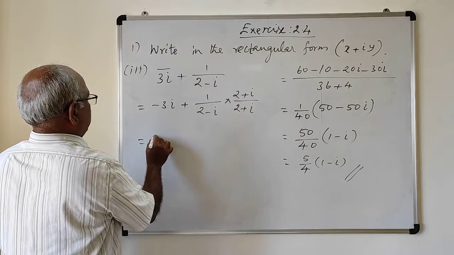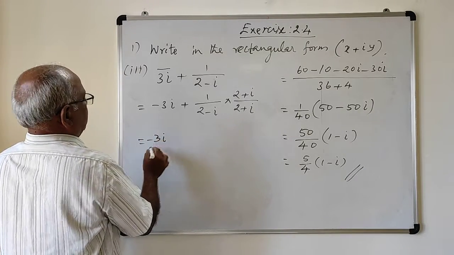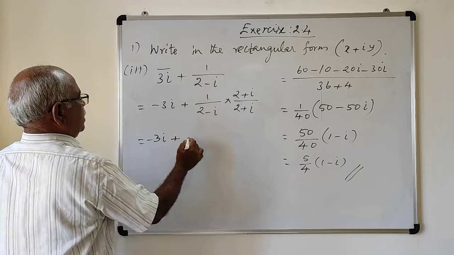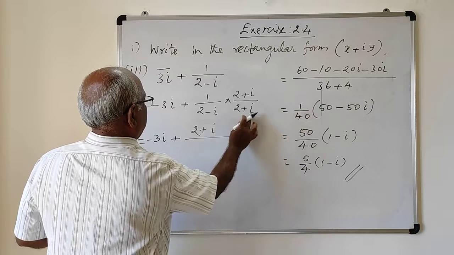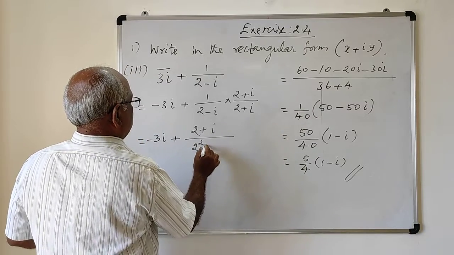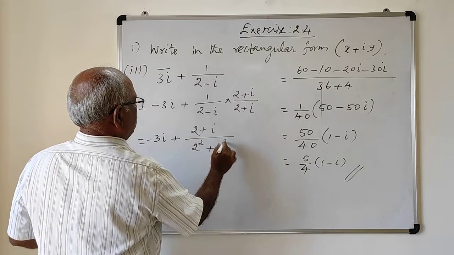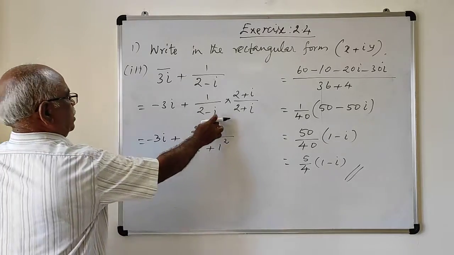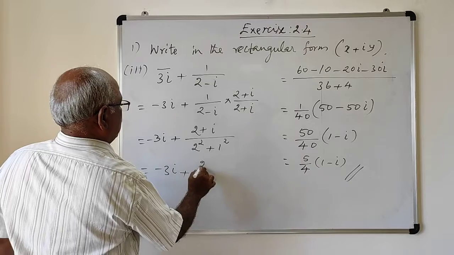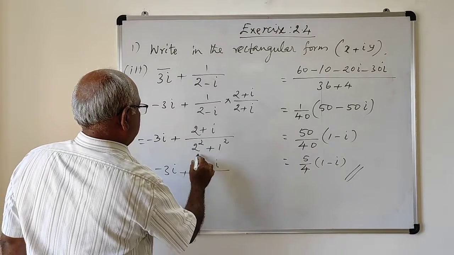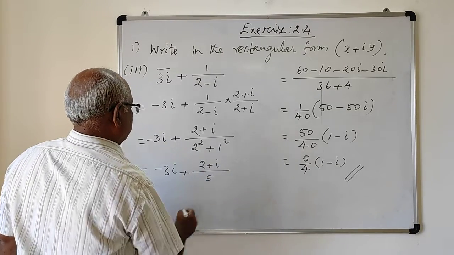This gives minus 3i plus 2 plus i by a square plus b square, where the coefficient of i is 1. So it is minus 3i plus 2 plus i by 4 plus 1, that is 5.